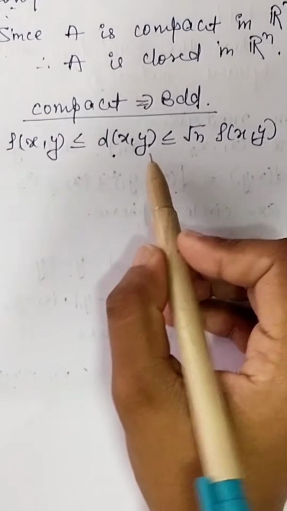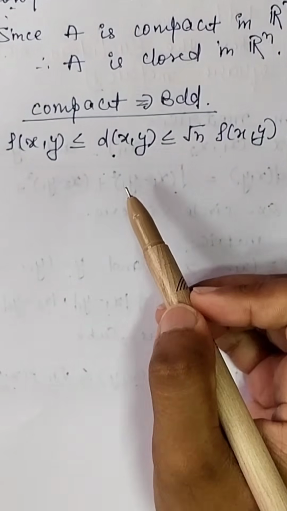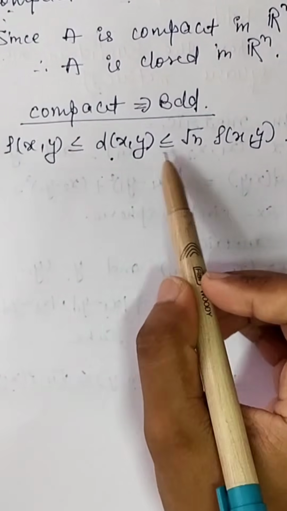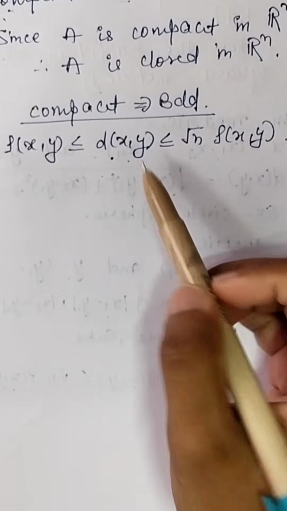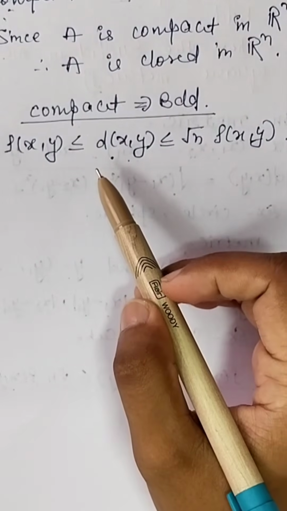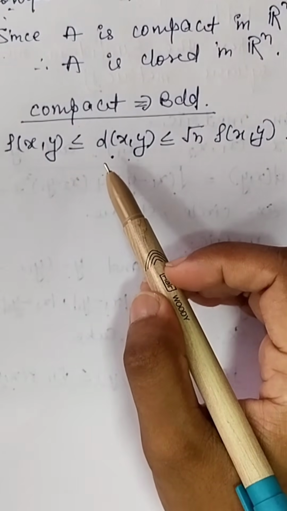The result says that a set bounded in d is bounded in rho. So we can prove everything using rho only.